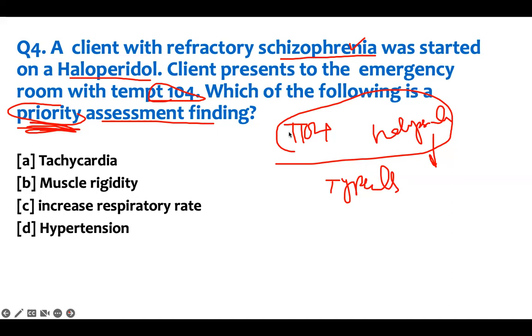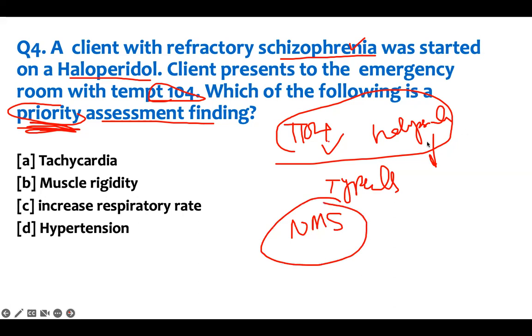Anybody on an antipsychotic, whether typical or atypical, with a temperature that high, 104, over 103, this is neuroleptic malignant syndrome.